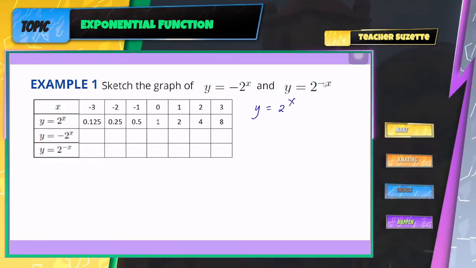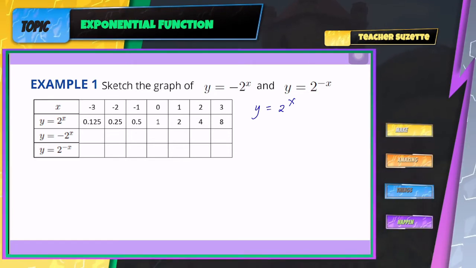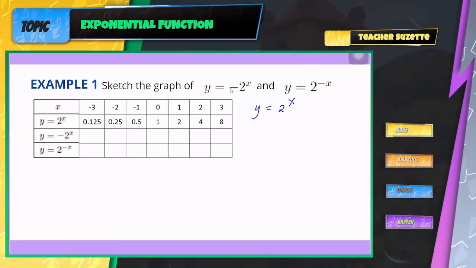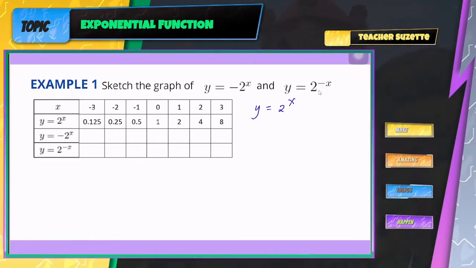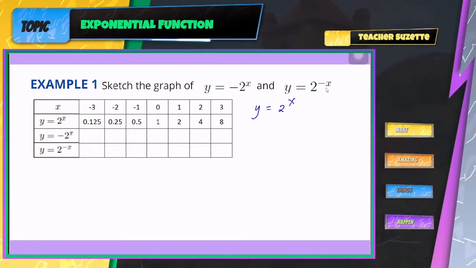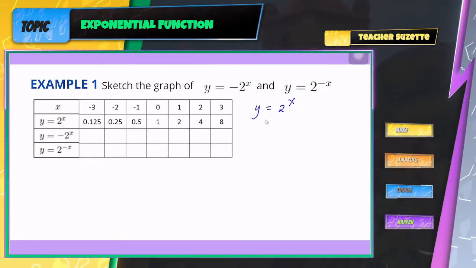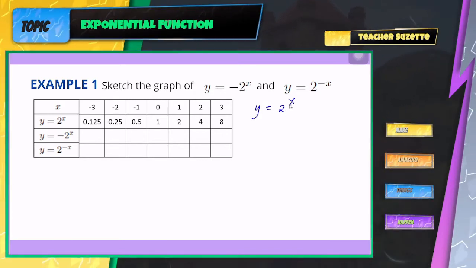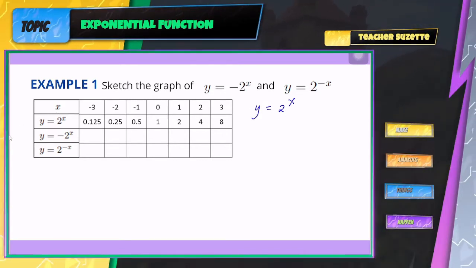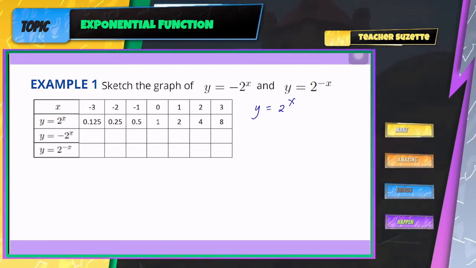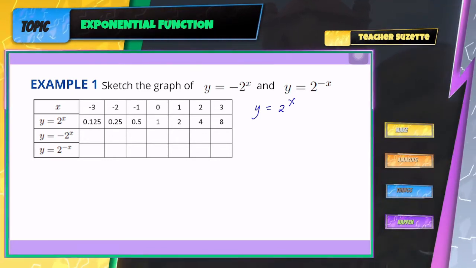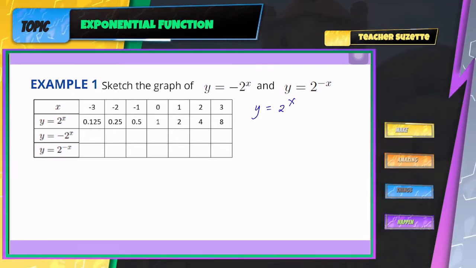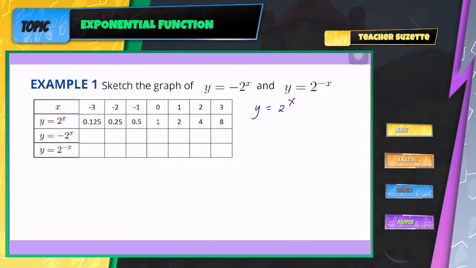Now, this time, paano naman po kung merong negative sa ating base at may negative sa ating exponent? So, what happened to the sketch or to the graph of y is equal to 2 raised to x? So, what are the changes or what are the possible transformation that could happen to the graph or even in the values of our y's?